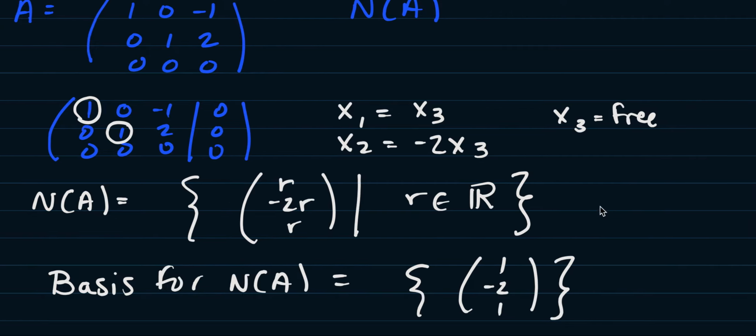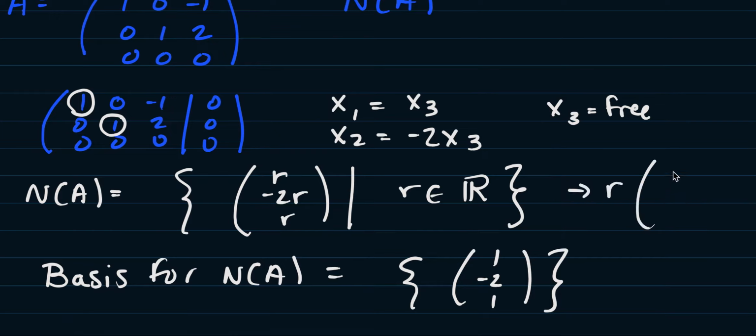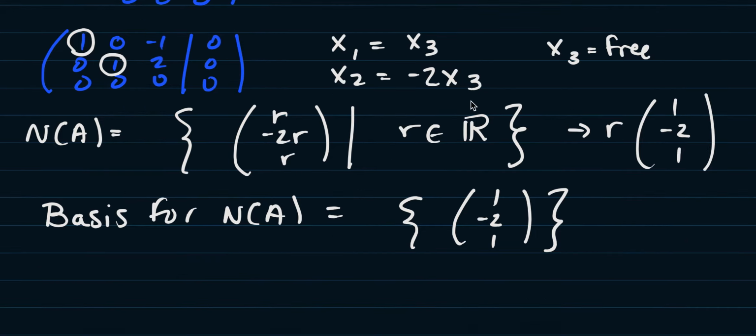Because any vector here can be written as r times 1, negative 2, 1. So the null space is the span of 1, negative 2, 1. That's a linearly independent vector, so that is the basis for it.